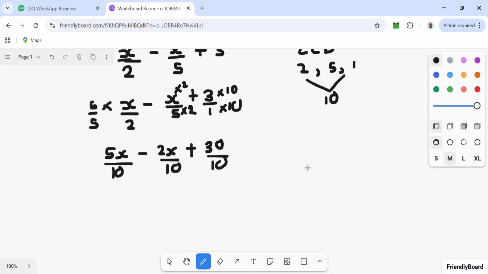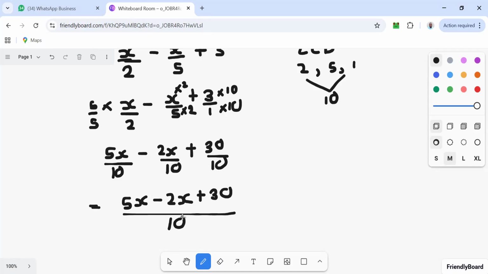So this becomes 5x minus 2x plus 30 over 10. As you can see here, I have written the expression as one fraction.